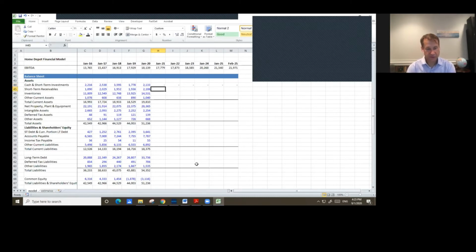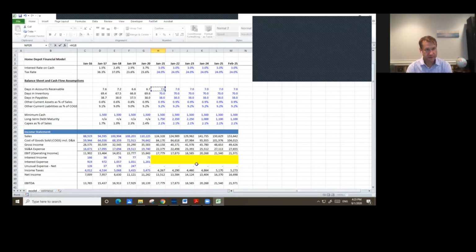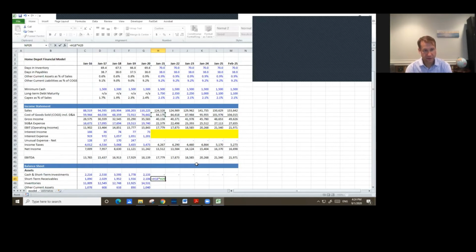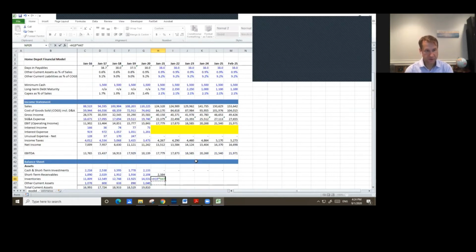Short-term receivables. So this would be the reverse of days of sales receivables. So this would be DSO, days in accounts receivable, multiplied by sales divided by 365. Just the reverse of the formula that I had on my slides. Inventories would be days in inventory, 70, times cost of goods sold.